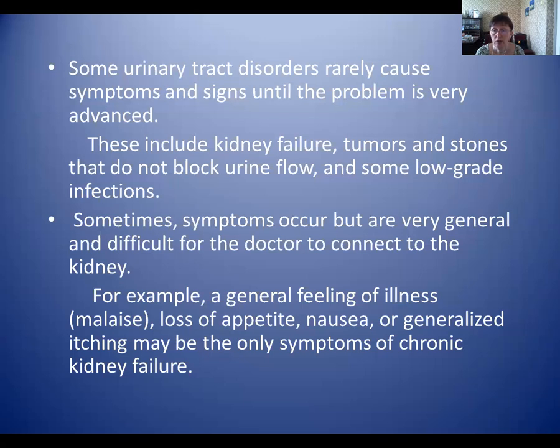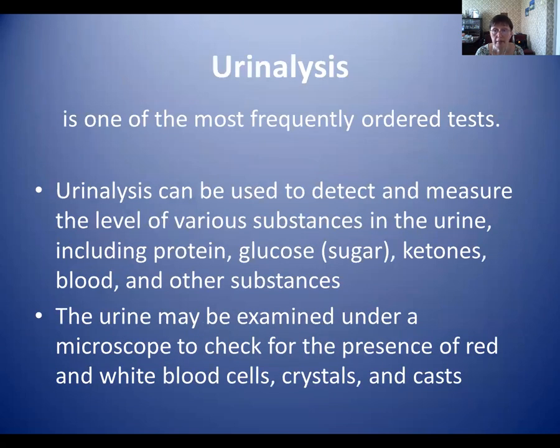This data of history and physical examination may be very scarce, and some urinary tract disorders cause not many symptoms and signs. What can we do in this case? Of course, we use laboratory examination, and in the first place, it will be urinalysis.